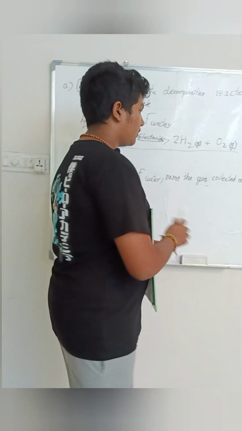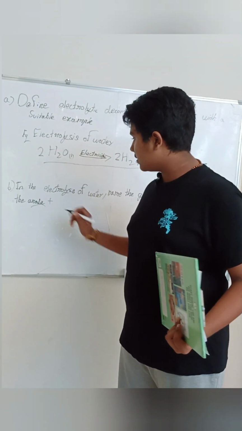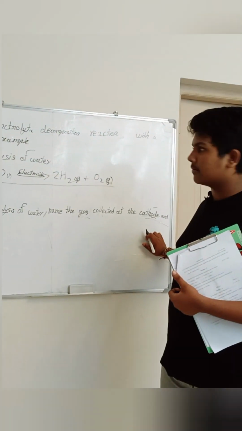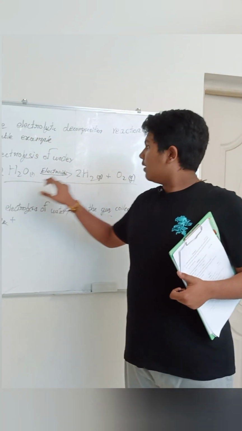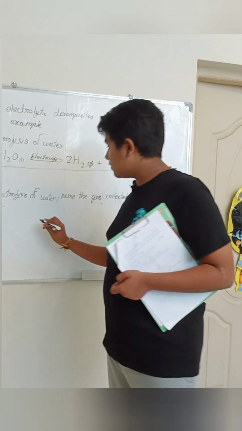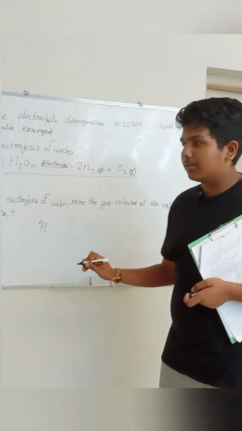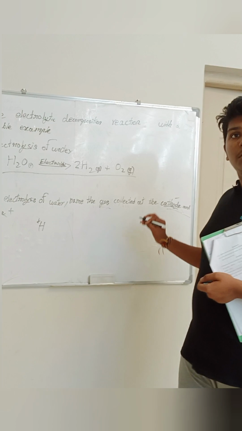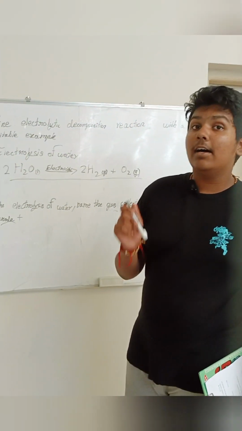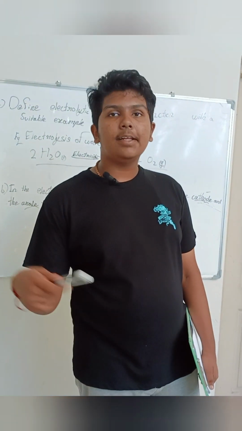So this here is minus and here is plus. So what would be going to the minus sign? Here, this hydrogen is positive, right? So this positive element, hydrogen, will go to the cathode side, because hydrogen is a plus ion, a positive ion, while oxygen is a negative ion.